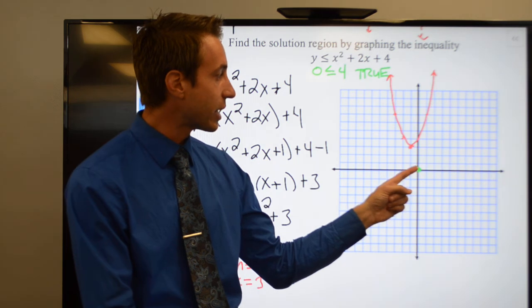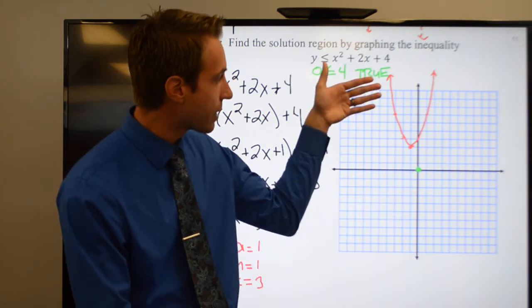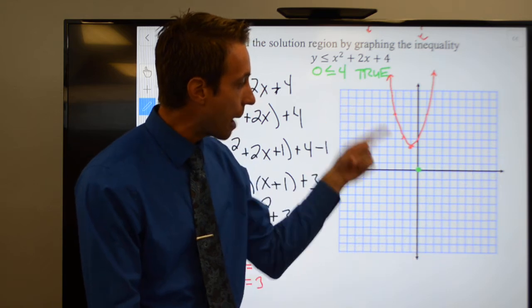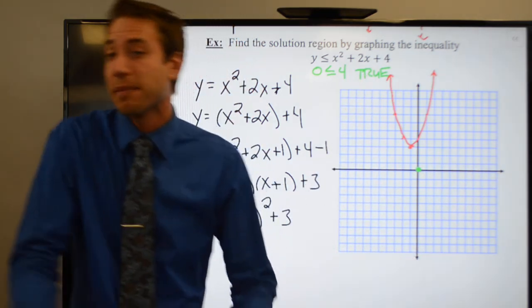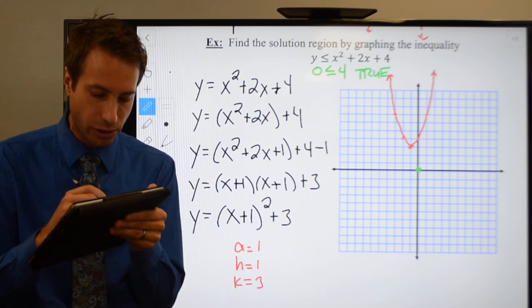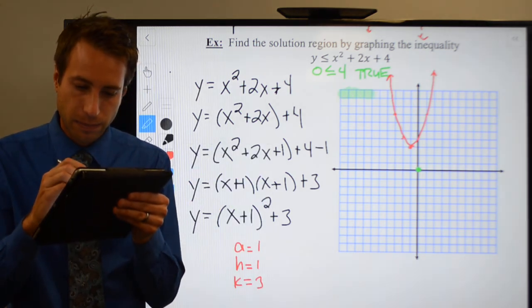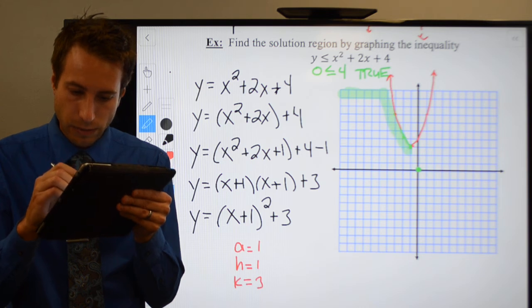Since my test point is on the outside of the parabola, that means I will shade everything on the outside of the parabola because my test point gave me a true statement, right? 0, 0 is a solution. So everything outside of my parabola would be a solution.